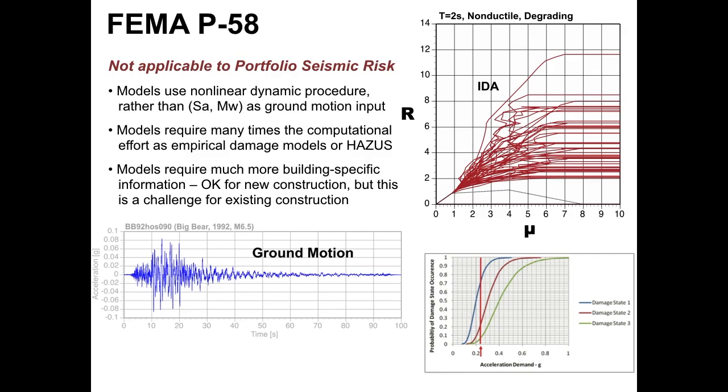The models used in FEMA P58 require many times the computational effort as the empirical damage models we were talking about, or the HAZUS models, and the models require much more building-specific and detailed information. So these models are much more applicable to new construction, but this information gap is a challenge for applying them to existing construction.